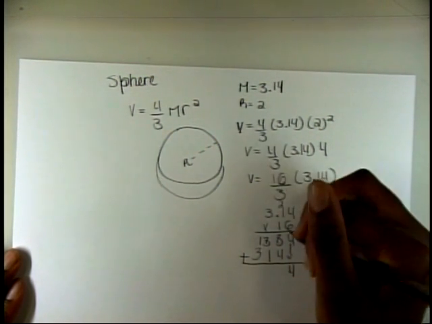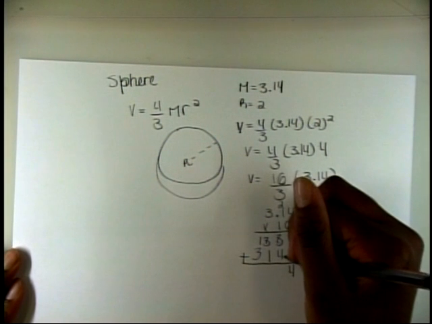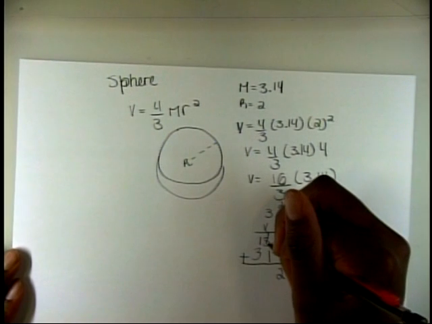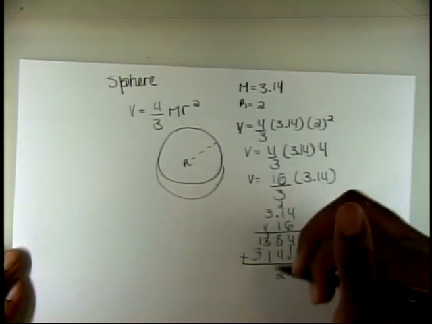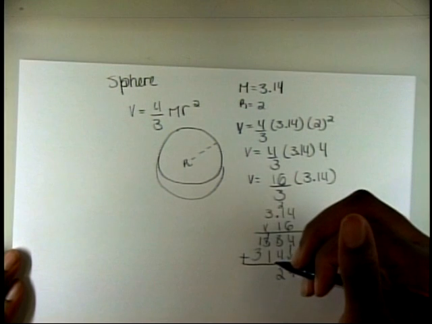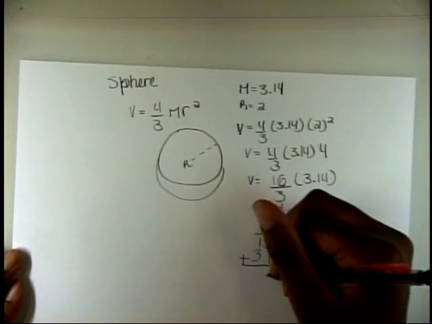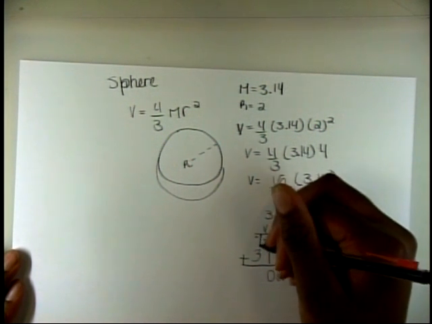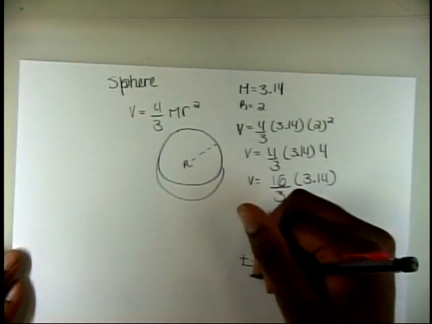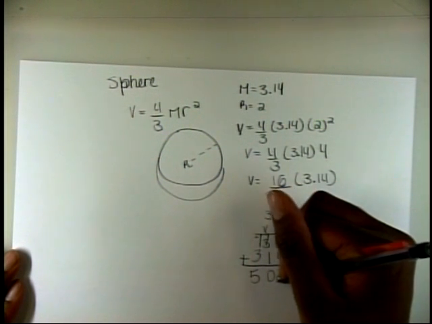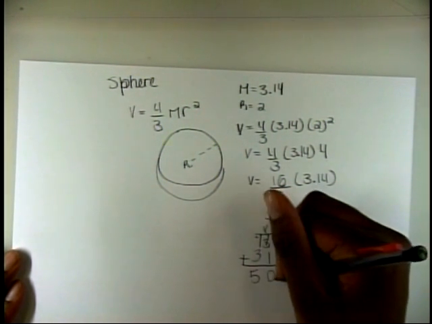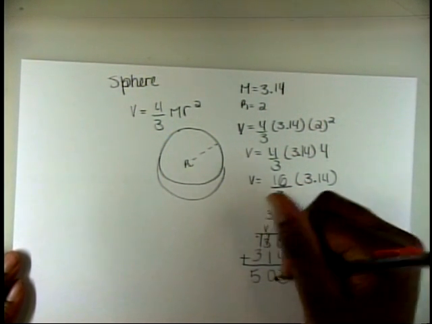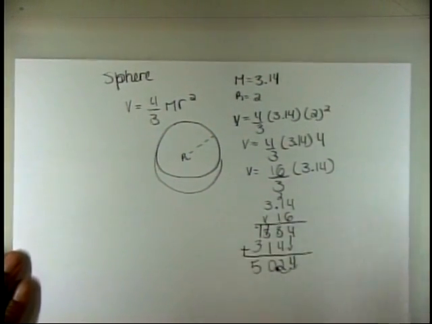I bring down my 4. 8 plus 4 is 12. Bring my 1. 8 plus 1 is 9. Plus 1 more is 10. So I carry my 1. 1 plus 3 is 4. Plus 1 is 5. So I have 50 point. Bring your decimal to the second 10th place. 50.24. It's not over yet.